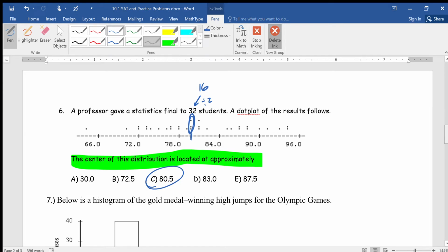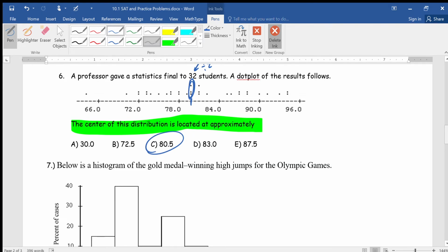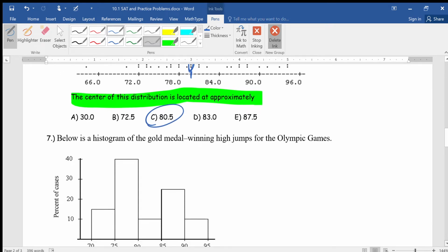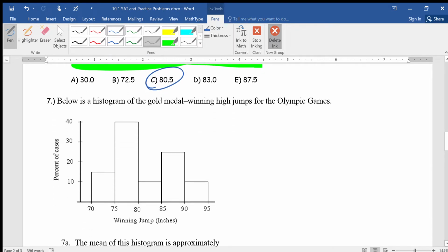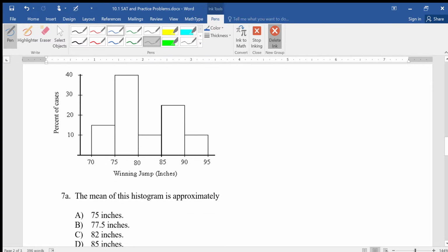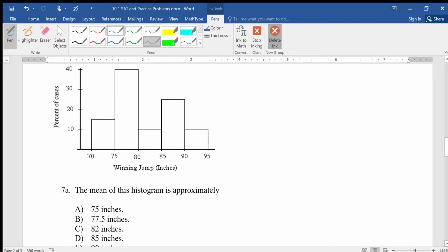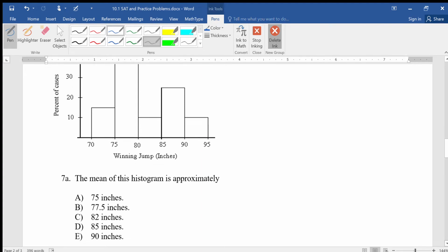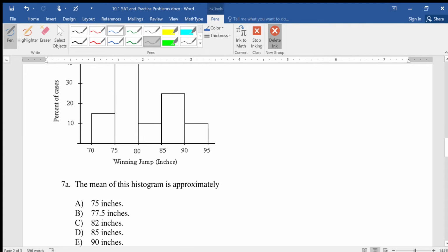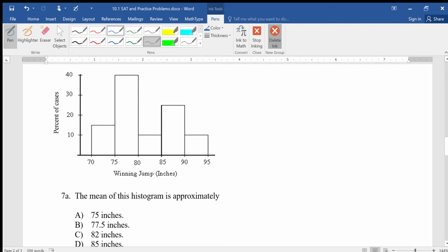All right, 7. Says below is a histogram of the gold medal winning high jumps for the Olympic Games. And they said the mean of this histogram is approximately blank. If I'm looking at a graph, we said the mean is the balance point. So I come over here with my finger and ask, where can I put my balance point?